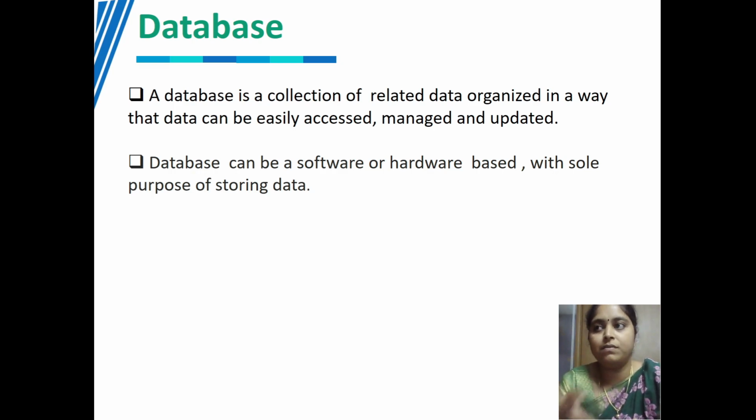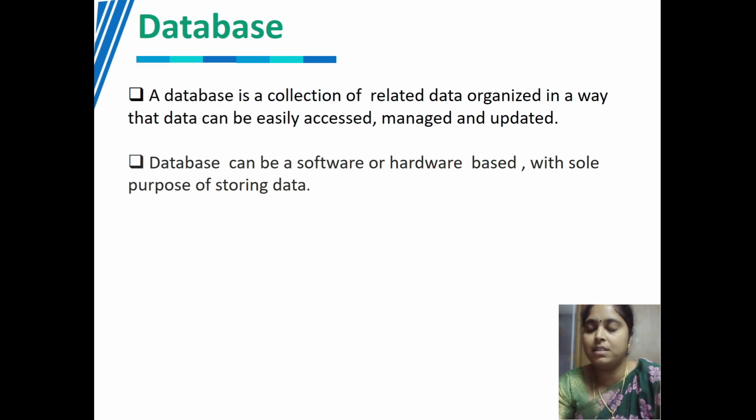After storing, we can easily access it, take it, and manage it. Finally, if I need to store extra information, or delete some information we already stored, I can do it. So it allows updating the data. These are the definitions of a database.